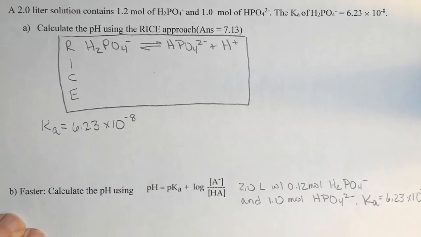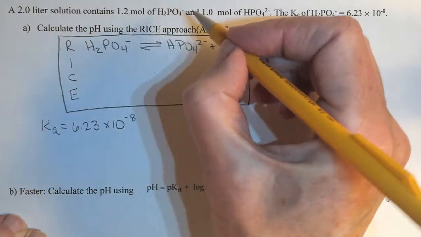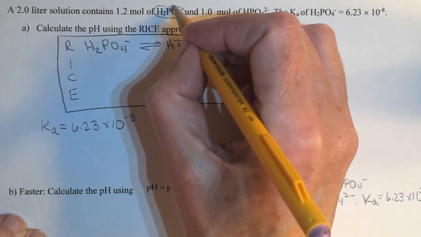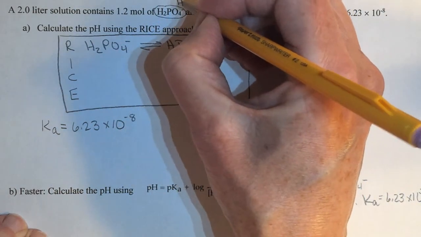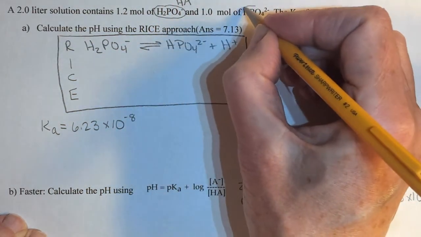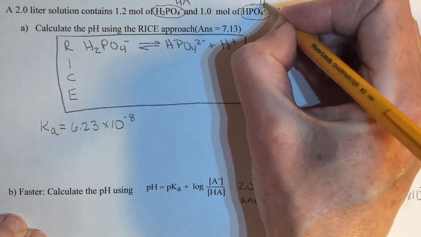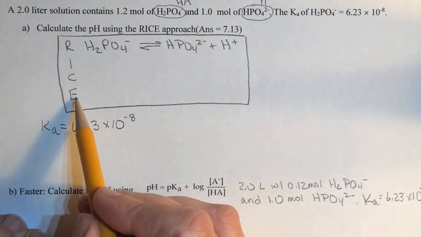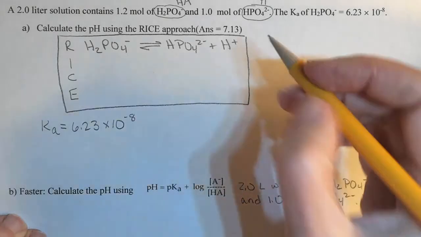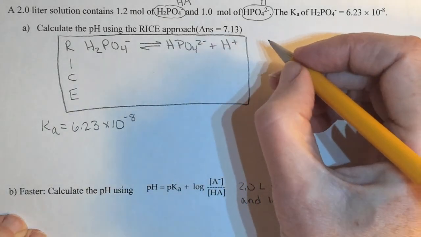All right, so I've got the ICE table set up, and first off, let's make sure that we identify HA and A minus. So this is our HA, and here's our A minus. And since these depend on molarity, we're going to have to figure out the molarity of each of the solutions.